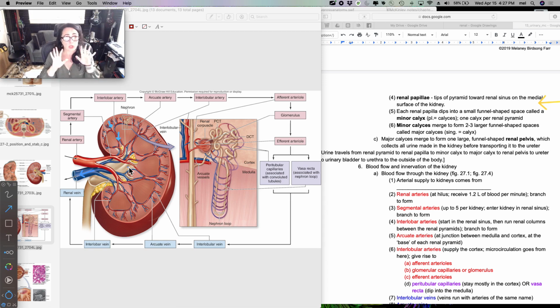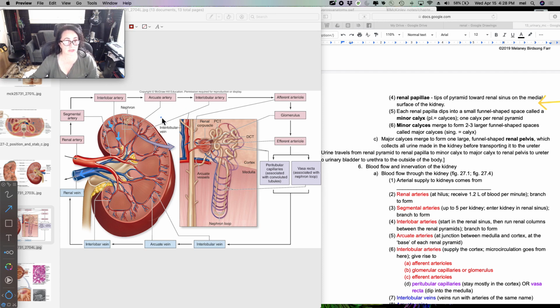So once more through the gross anatomical circulation, then I'll add in the microscopic circulation. Okay, so renal artery, check. Okay, segmental artery, right? And then interlobar artery, arcuate artery, interlobular artery.